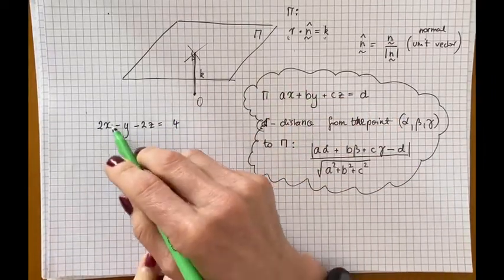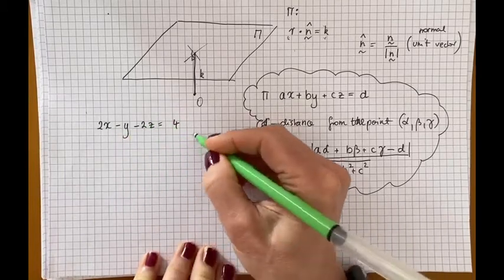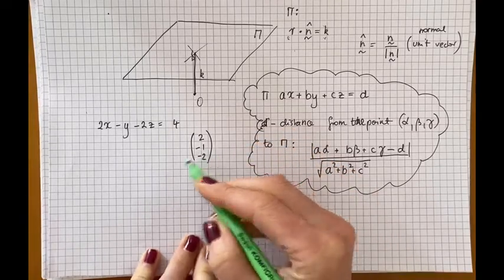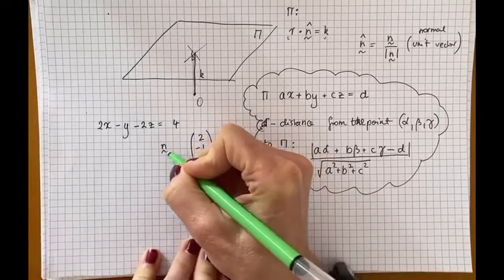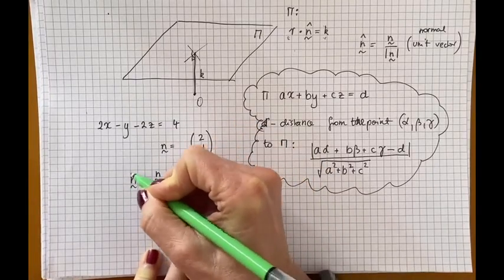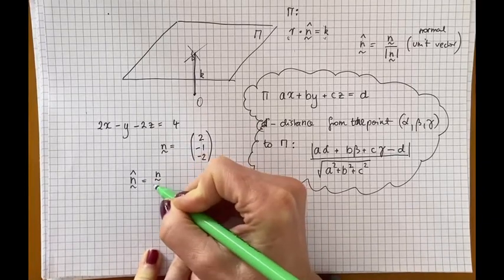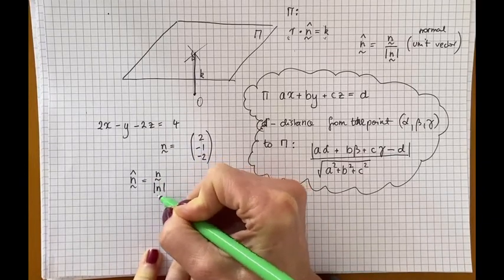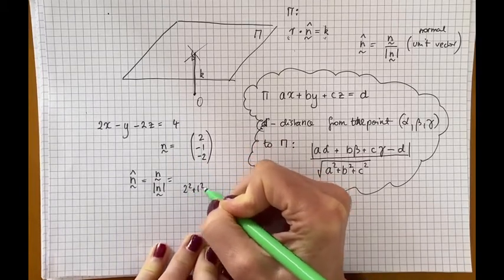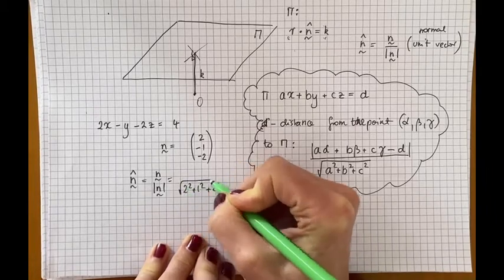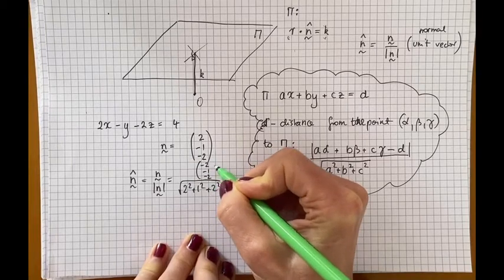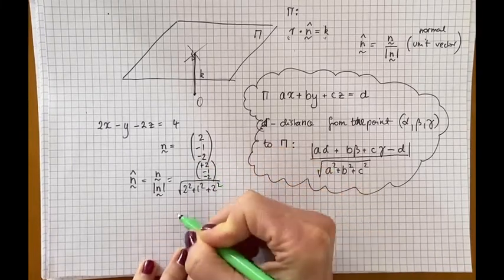Then the normal vector is (2, minus 1, minus 2), but the unit vector in that direction, which is written like this, n with a hat, is simply that vector divided by its length. So the length is 2 squared plus 1 squared plus 2 squared, square rooted, which will be 3, I think.